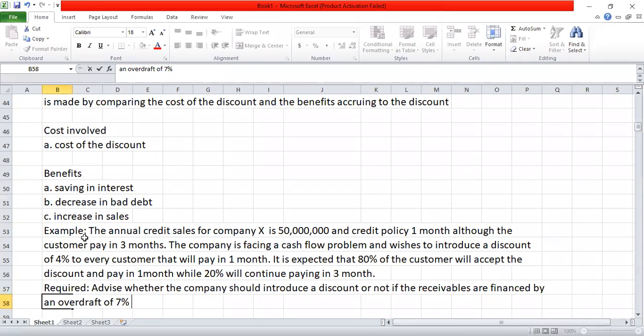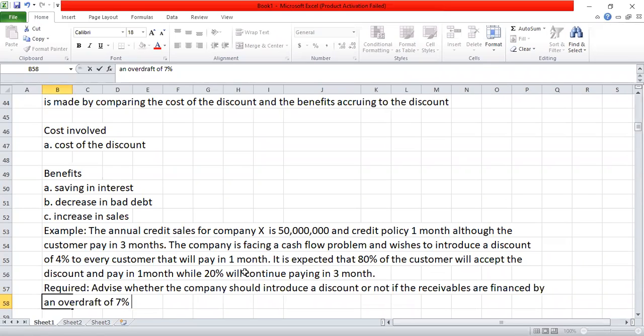So the annual credit sale for the company X is 50 million, and the company has a credit policy of 1 month, although the customers pay in 3 months. The company is facing a cash flow problem and wishes to introduce a discount of 4% to every customer that will pay in 1 month.